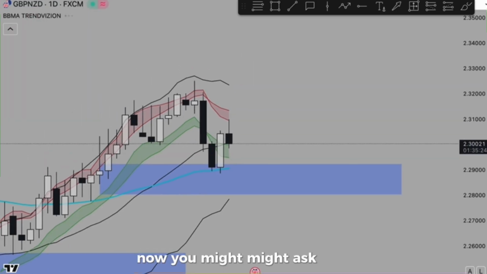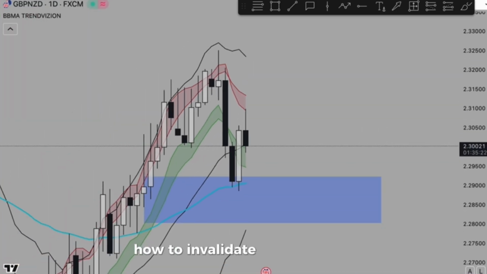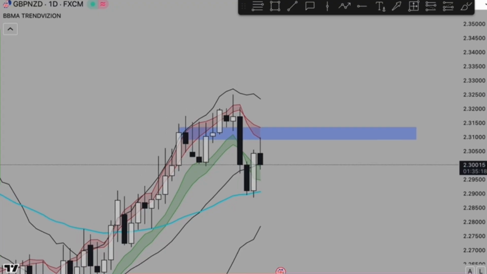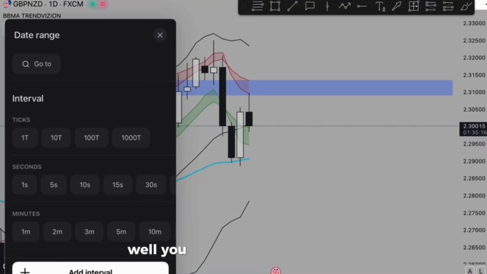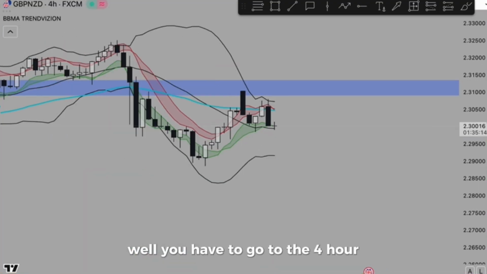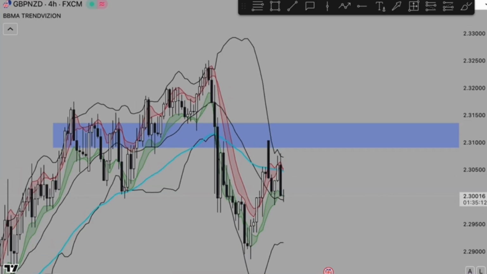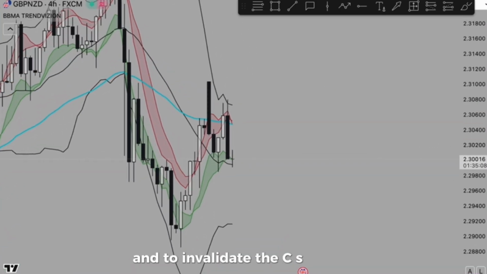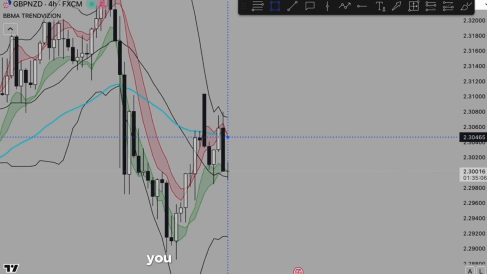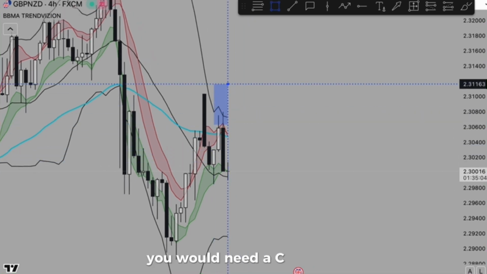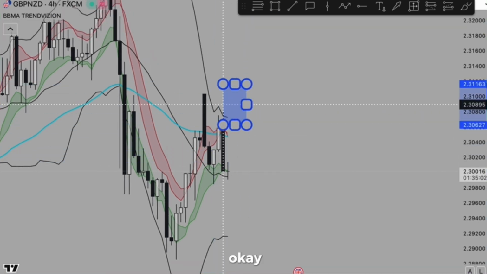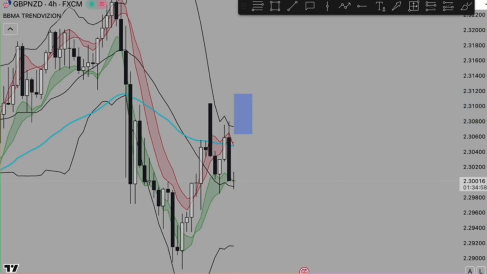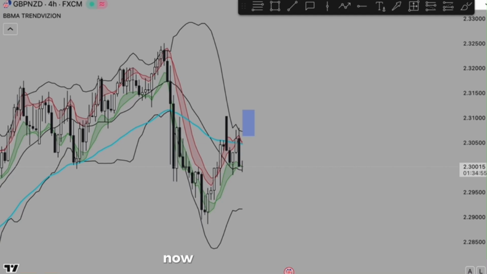Now you might ask, okay, how to invalidate this daily sell here? Well, you have to go to the 4-hour time frame 2, and to invalidate the CSAK sell you would need a CSM buy, closing above the top Bollinger Band. Now why is this?